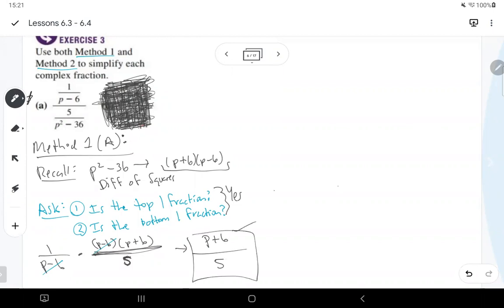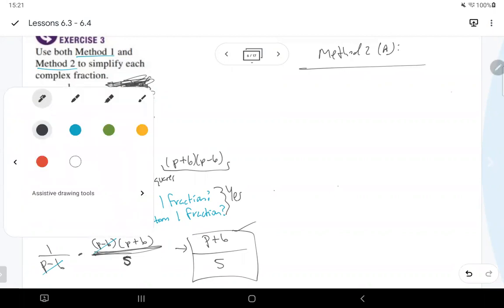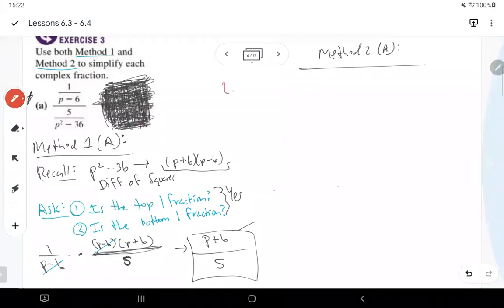Okay, that's method 1. Let's also do, as requested, method 2. Again, we have single fractions, so that's good. The LCD you should be able to see pretty easily here. You only have p minus 6 to choose from and p squared minus 36.